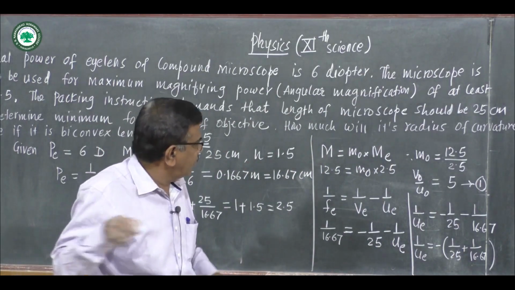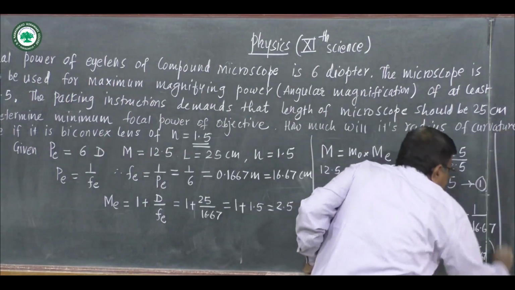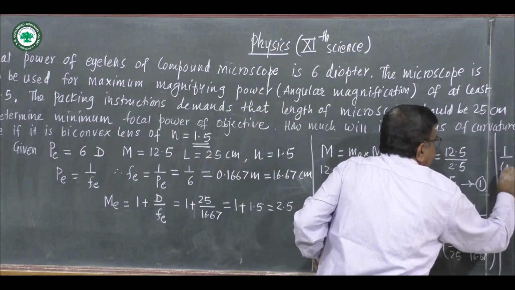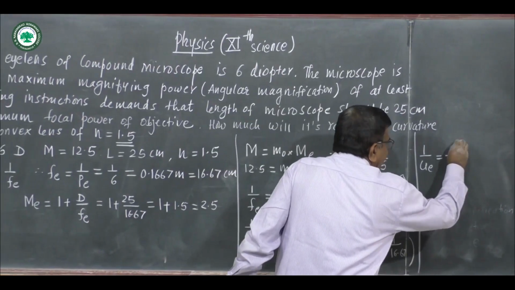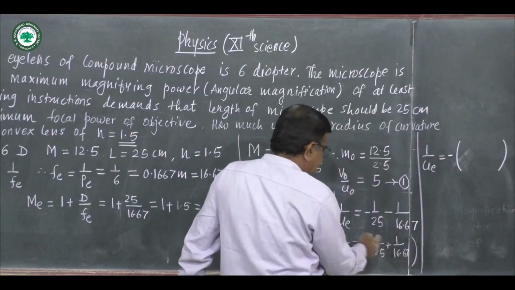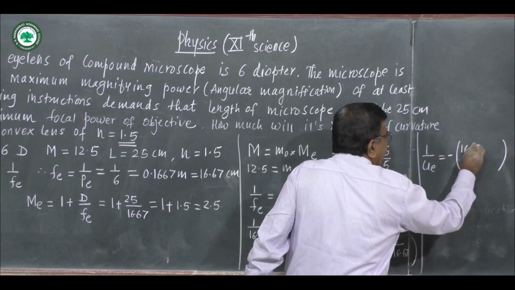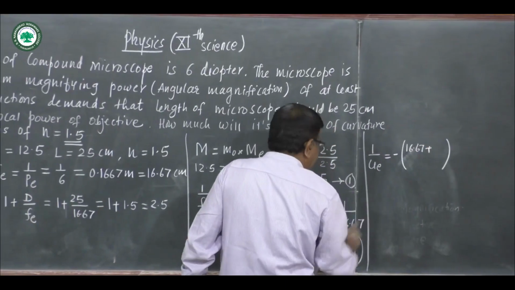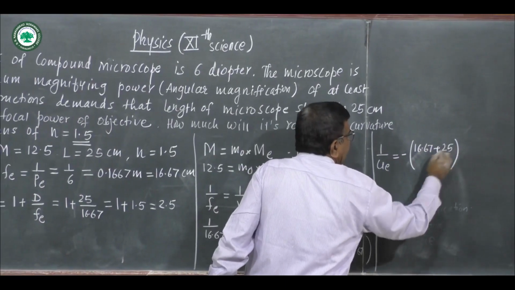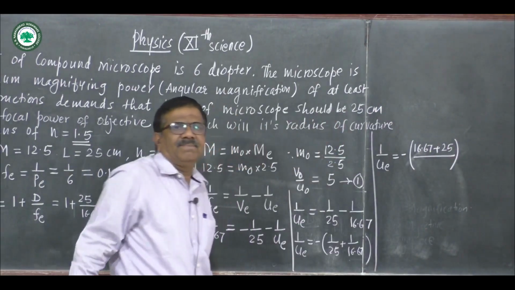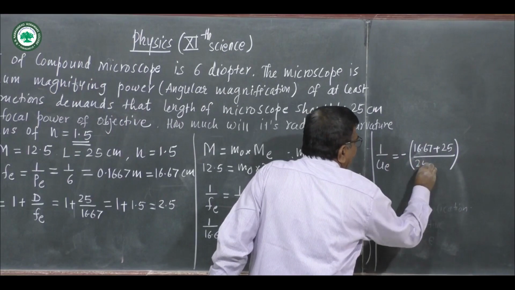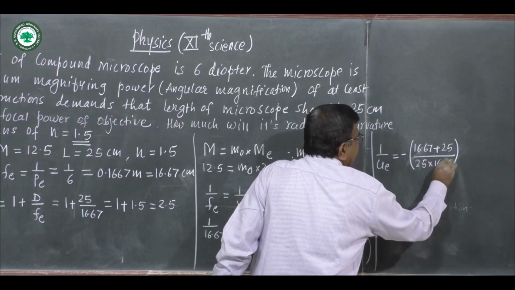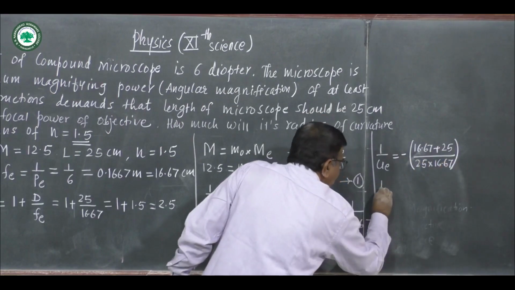So 1 upon UE is equal to minus, in brackets, 16.67 plus 25 divided by 25 into 16.67. This is the value of 1 upon UE.